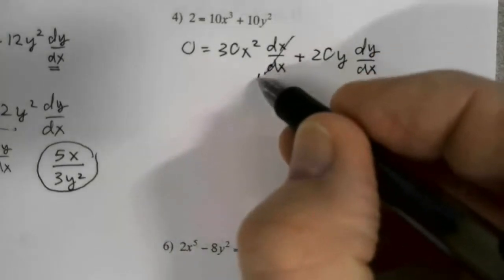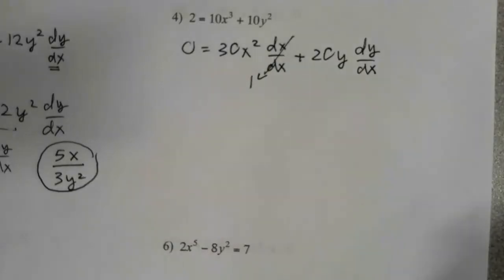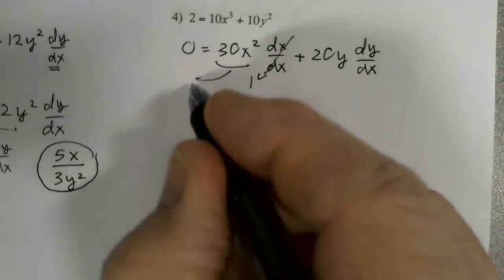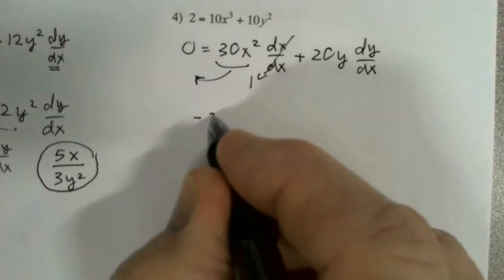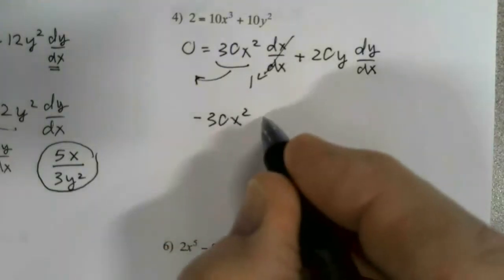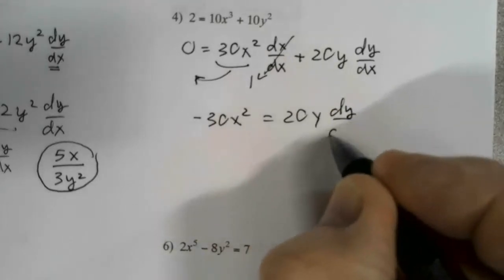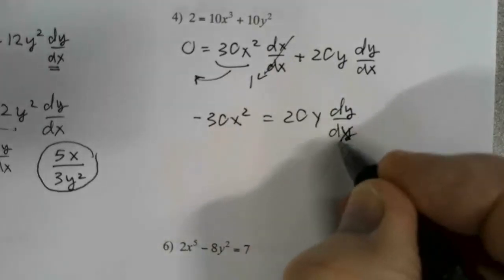This reduces to 1, and we can move this term over to the other side. So this becomes negative 30x squared equals 20y dy/dx.